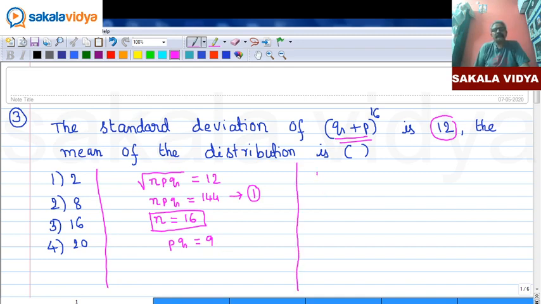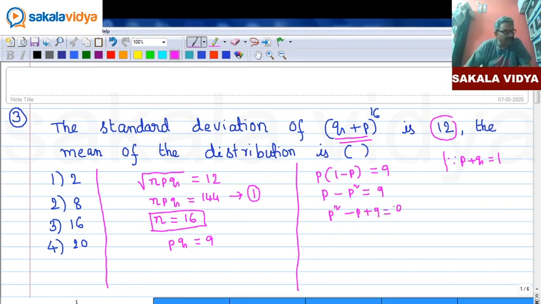Now you can substitute p into 1 minus p equal to 9, since we know that p plus q is equal to 1, probability of success plus probability of failure. We get p minus p square is equal to 9. This we can write as p square minus p plus 9 is equal to 0. What are the factors? You will get it now.